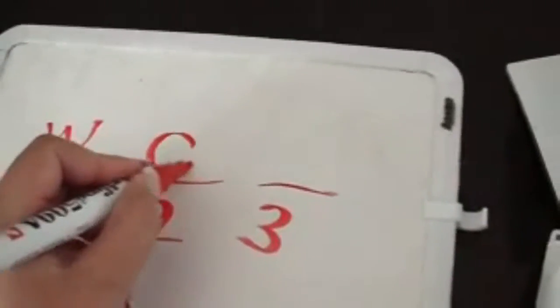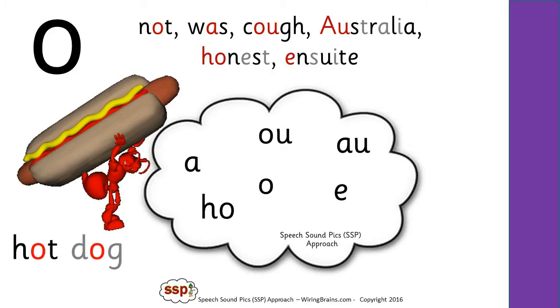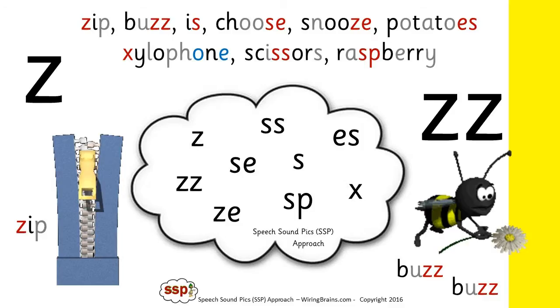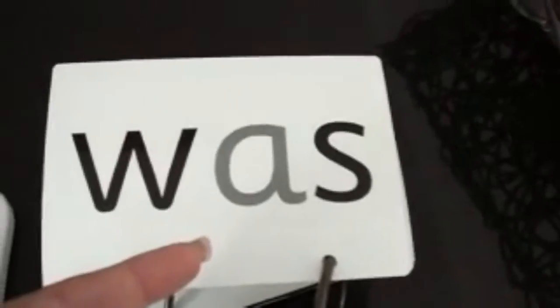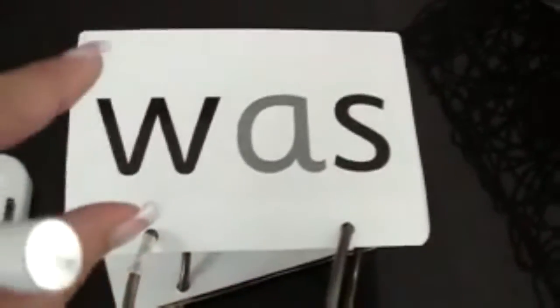Let's take a picture of the o in the word was. O. Let's take a picture of the z in was. W, o, z. Was. There it is. W, o, z, was. We can't change this. This is how it's spelt. So we have to think about what we say and the speech sounds in the way that we say it. W, o, z, was.